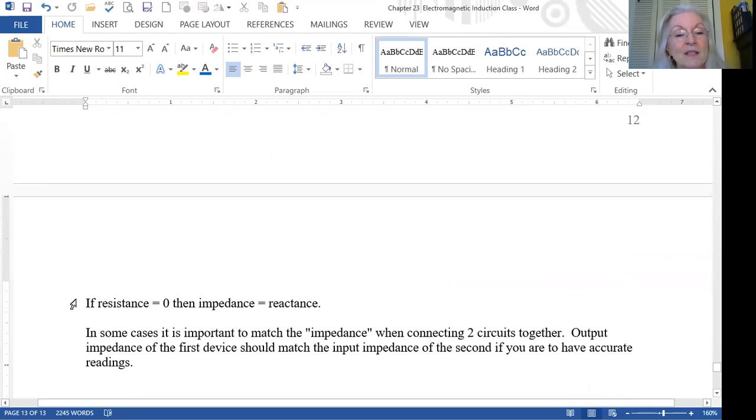And finally, if your resistance is 0, then the impedance and the reactance are the same thing. Why do we care about this? Well, sometimes when you're designing a circuit, you have to match the impedance in order to get it to operate correctly.